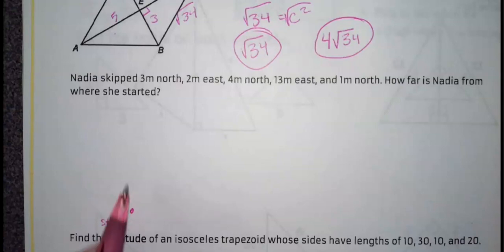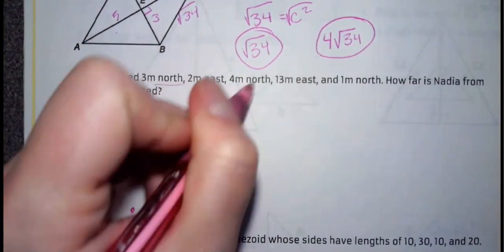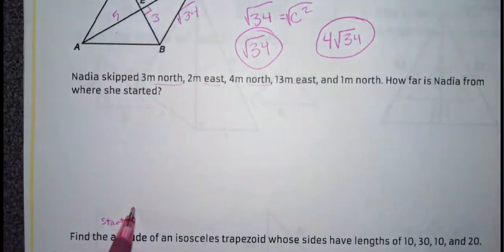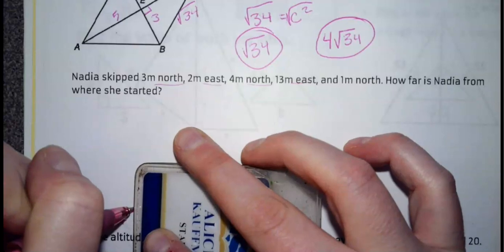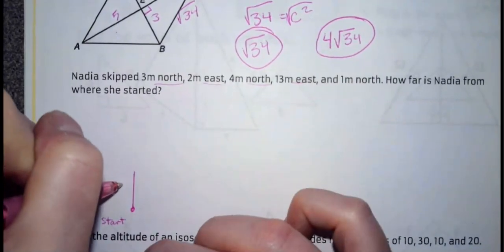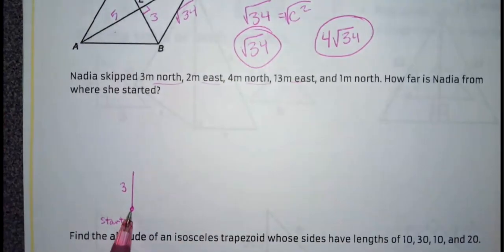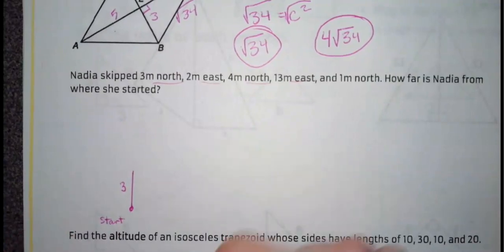And I'm going to start it here because she's going to end up going north and east, if you can tell. So I want to start her right here. And she's going to go 3 meters north. So I don't want to get too crazy. We're going to say that's 3 meters. So Nadia's starting here, and she is skipping, interestingly enough, 3 meters to the north.